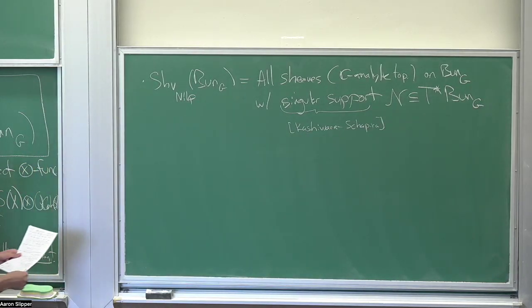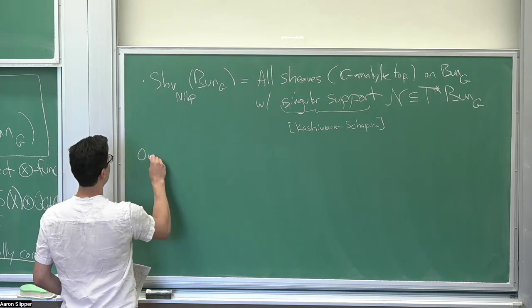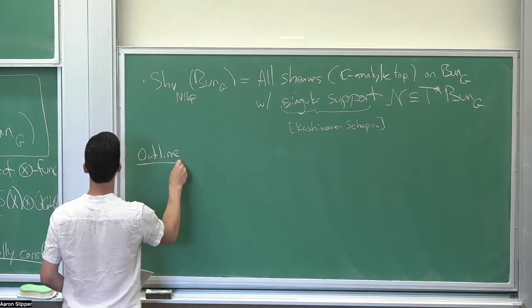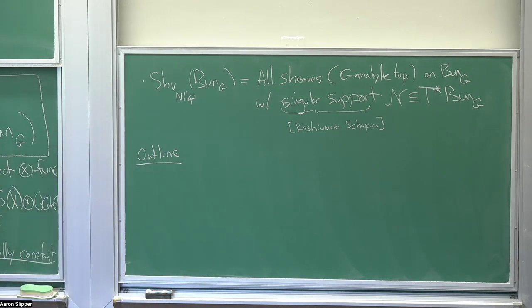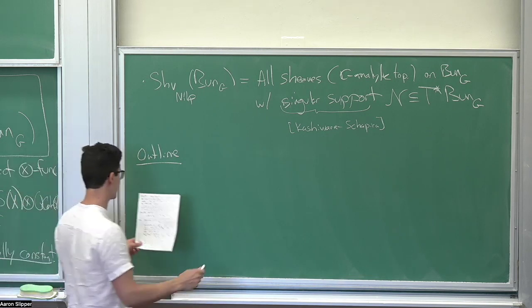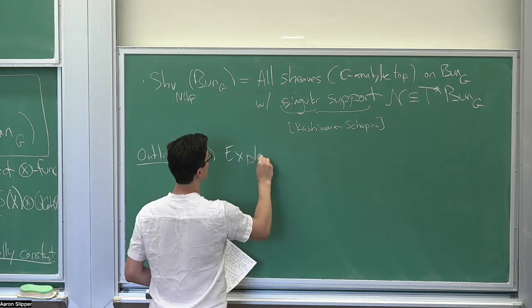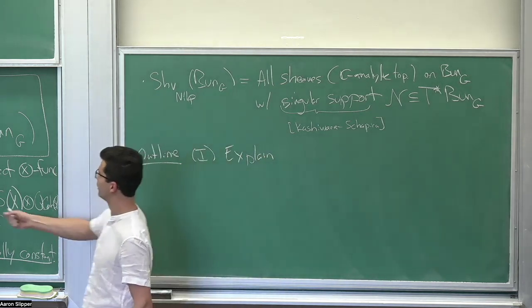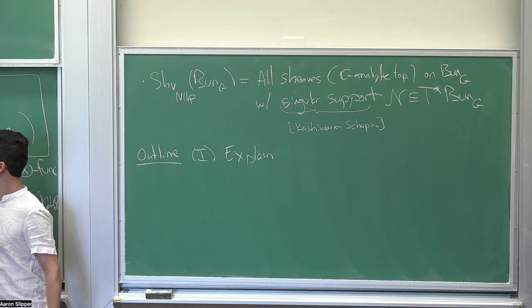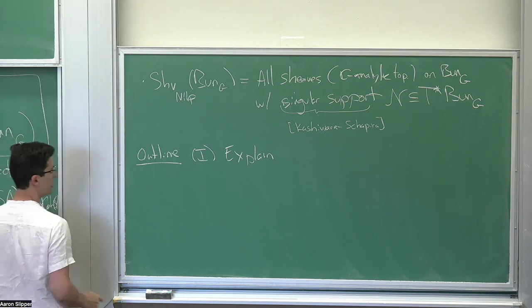Here's an outline of how we will construct this action. First, I'm going to explain an equivalence of the left-hand side with some category involving Rep G check.